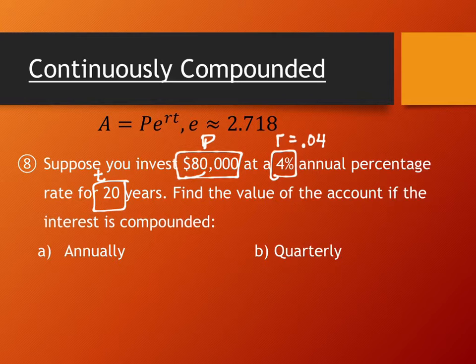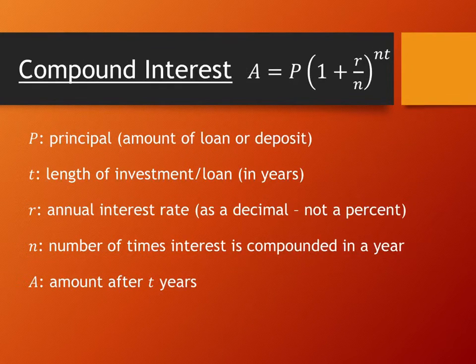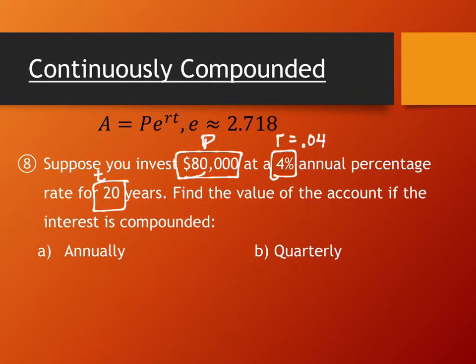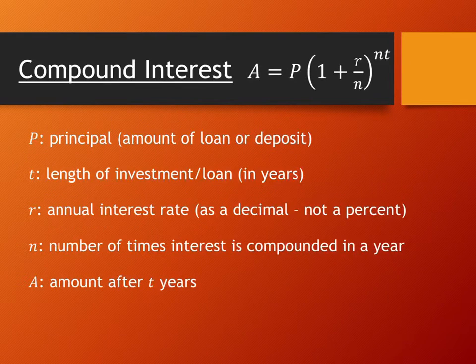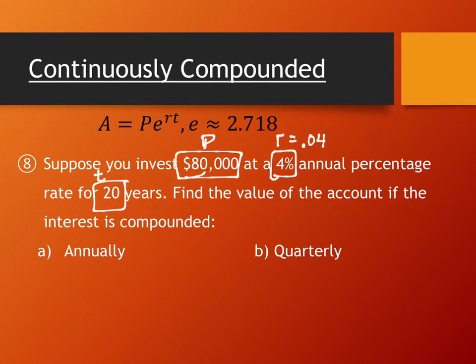So those 3 pieces are going to stay the same no matter which of these 2 equations we use. The thing that's going to change is, in particular, which formula we're going to use potentially, and then also what the N value is if we're using this one. Okay? So I've already got that other one written here, so A equals P e to the RT. Let me actually write on the same screen the other one so that I'm not flipping back and forth all the time.